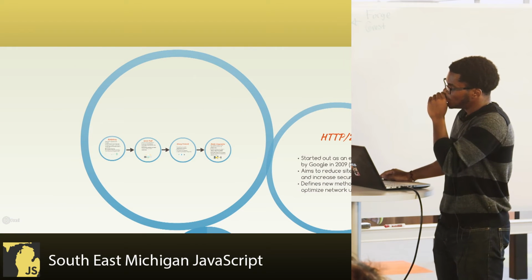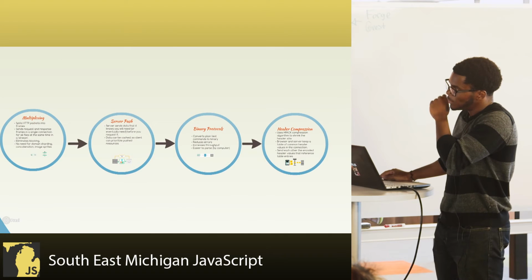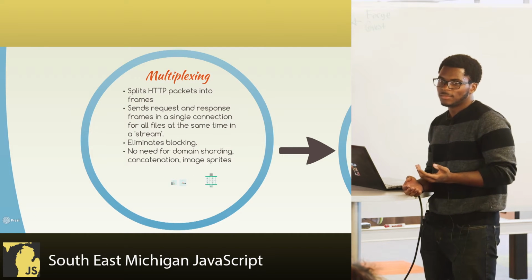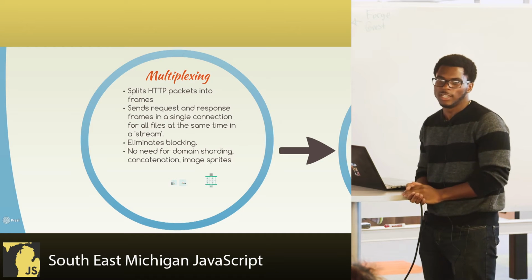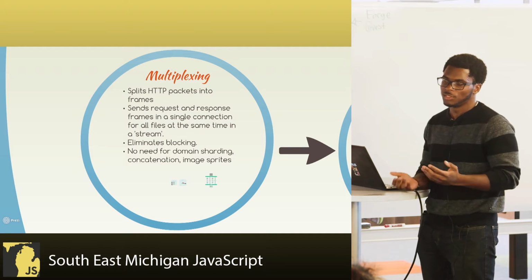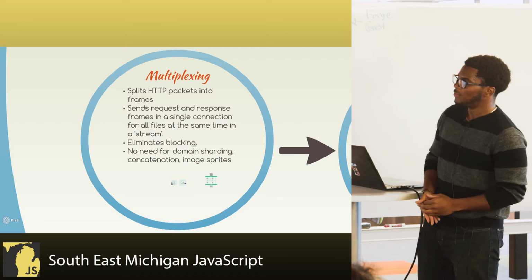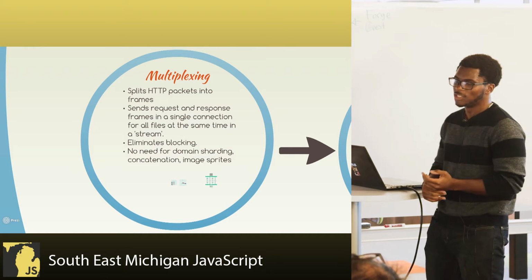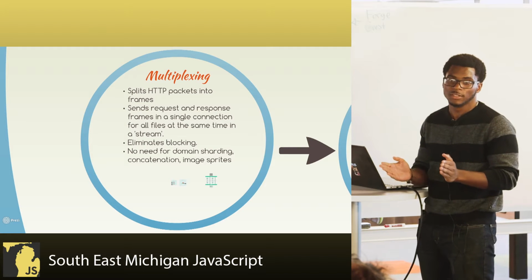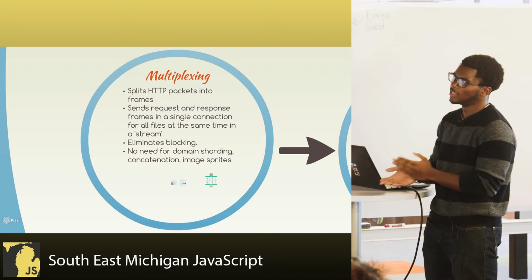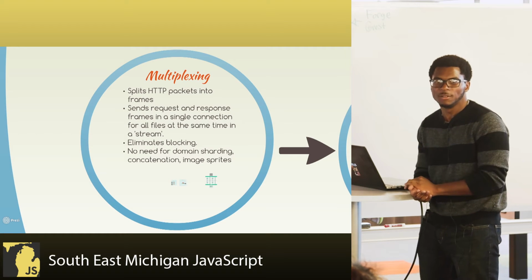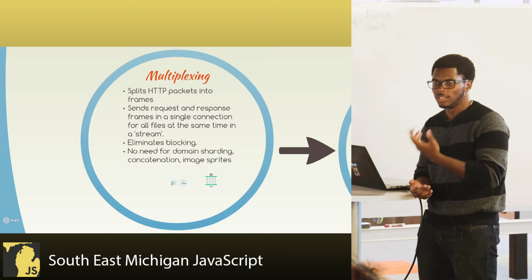So basically, the methods used in HTTP2, which is basically SPDY, SPDY is HTTP2 now. It pretty much adopted that. The first one is multiplexing, which means you get to split your packets into frames now. Normally, you'd send a single HTTP packet along one connection, and then you'd wait for that to come back, and it would take forever, and then it would send another one.